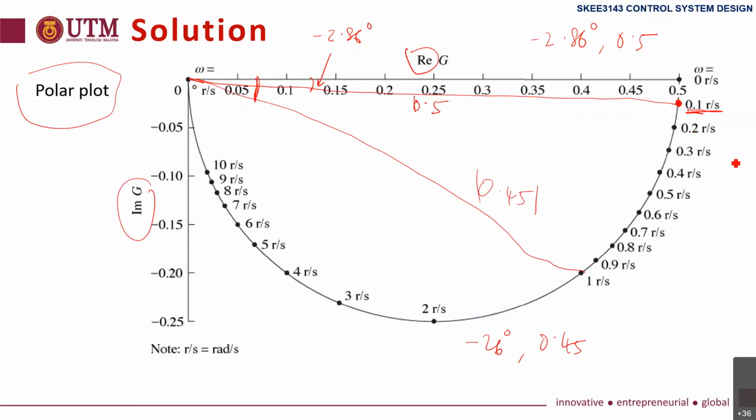They get this point. Here, many points were taken, 0.2, 0.3, and so on.